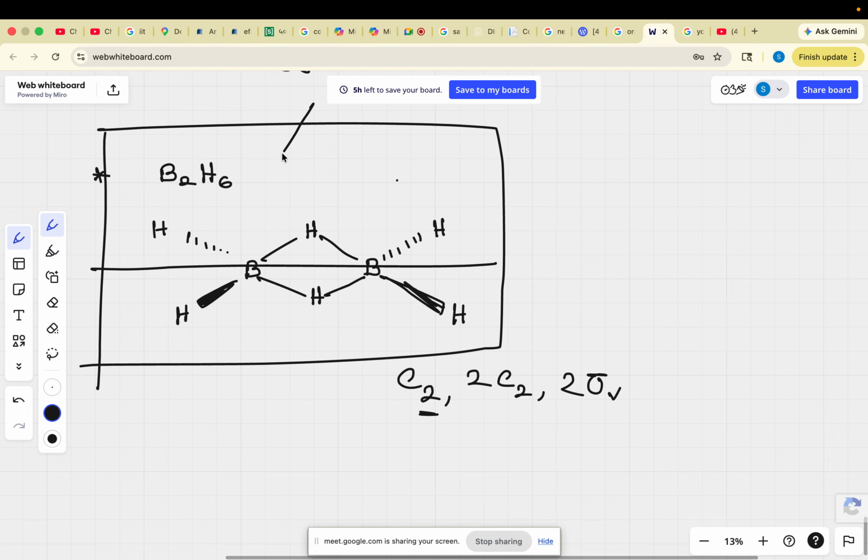Another plane you have to pass like this. So these are the two sigma v's you have. Now the question is, is sigma h present here or not?